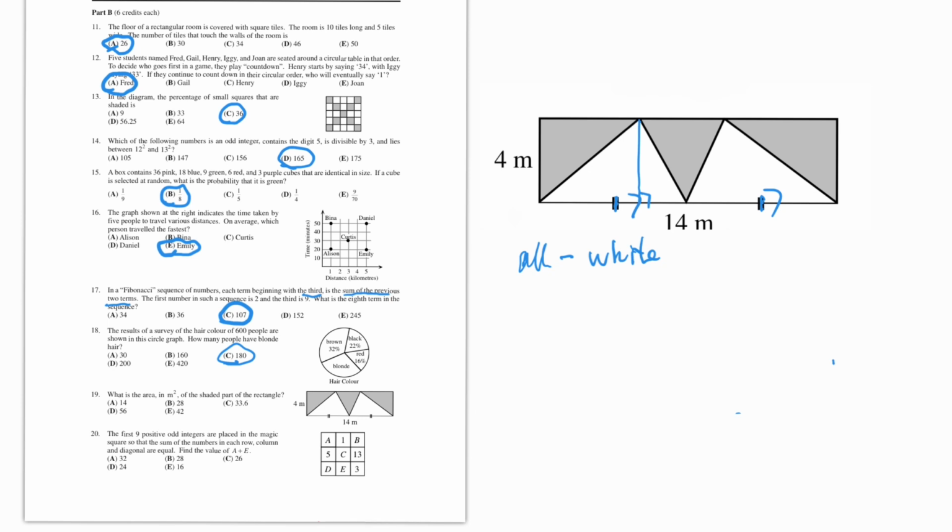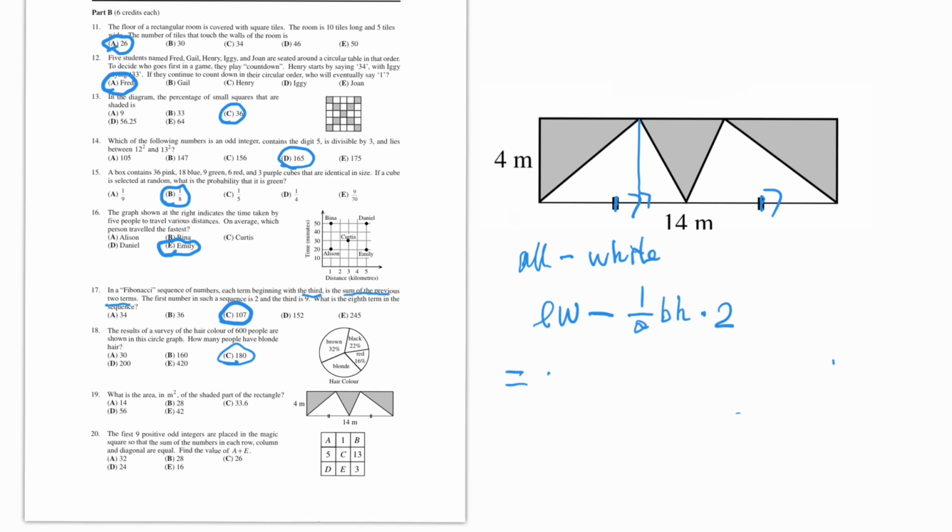For this question, the whole area, that's the rectangle, equals length times width, minus the white triangle area, that's 1/2 times base times height. In this problem we have two white triangles, so we times 2.